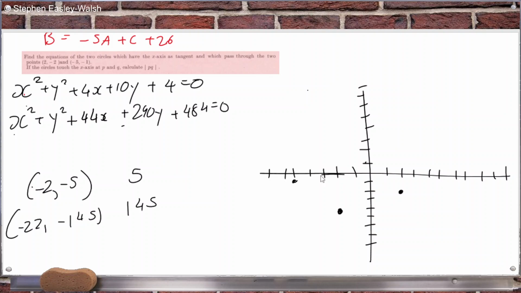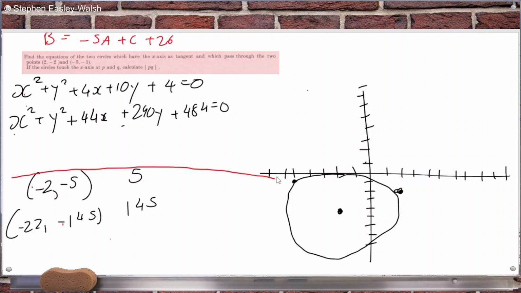Yeah, okay, so that's terribly drawn, but it's something like that. And then this other one at minus 145 and radius 145. Oh, it's going to be like touching way out here on the left. I see. I can't quite draw it, but then scooping down. Yeah, okay. I can kind of picture it.